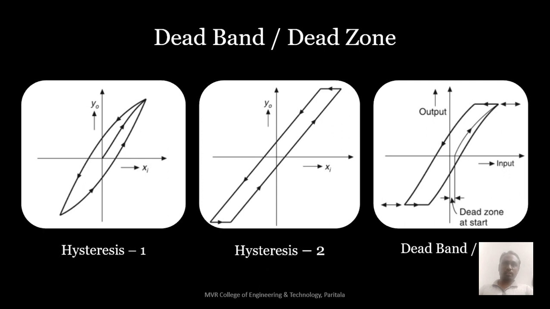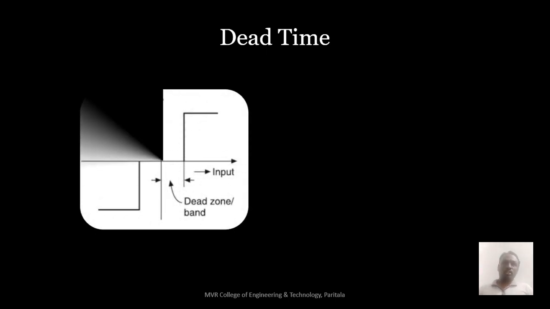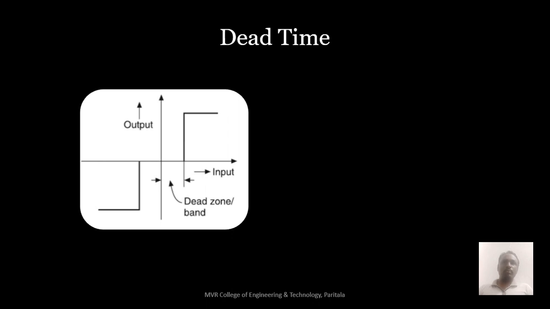So next, dead time. The time taken by the instrument to respond is called dead time. That means dead zone time can simply be called dead time. Here, for positive values from 0, it took a certain time, so that zone is called the dead zone and the time period is called the dead time.